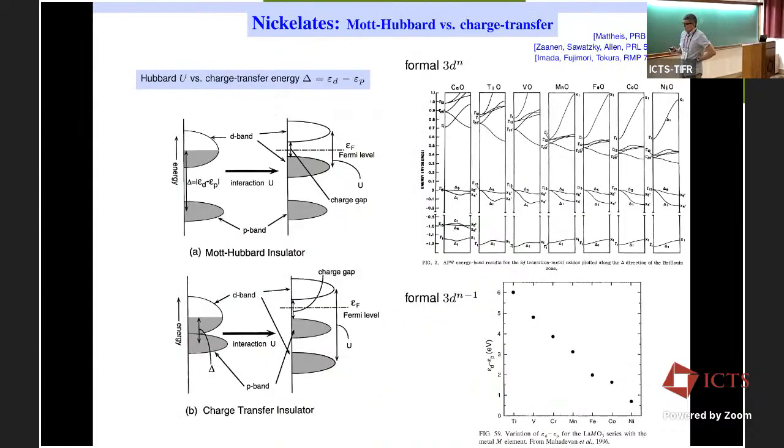To acknowledge this a bit clearer, we have to tackle again this issue of charge transfer and Mott-Hubbard physics. It was already mentioned in a talk this week, which I think is very important. And since it's so important also in this field, let me do it again here and put my finger on that. So the issue is that you have a large charge transfer, so a splitting of the oxygen band and the d band, and then you crank up the interaction U. The interaction U is usually the smaller scale.